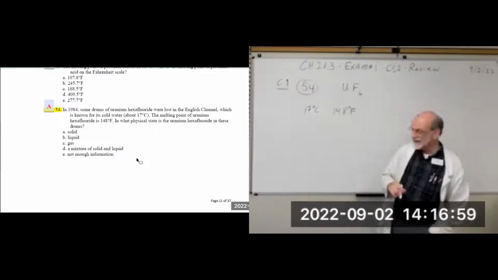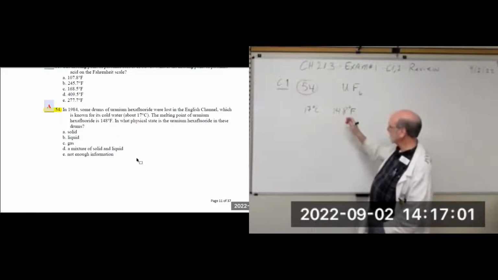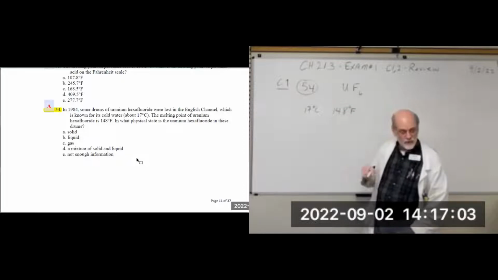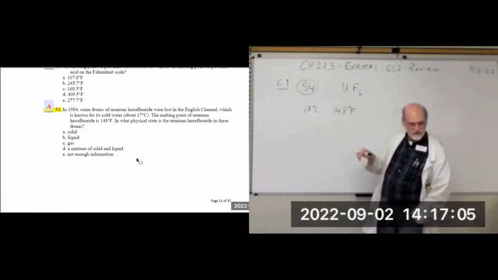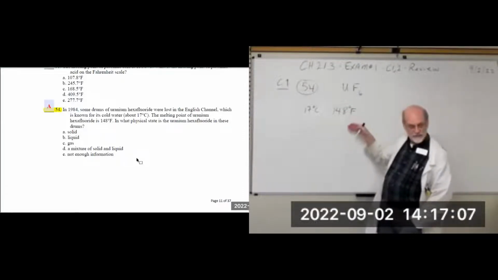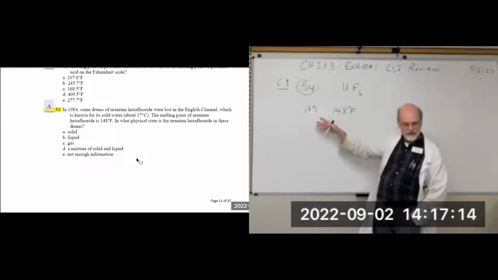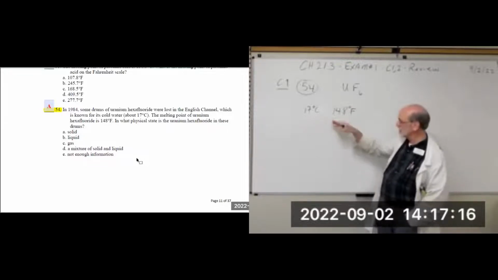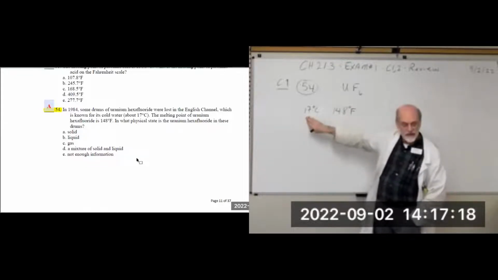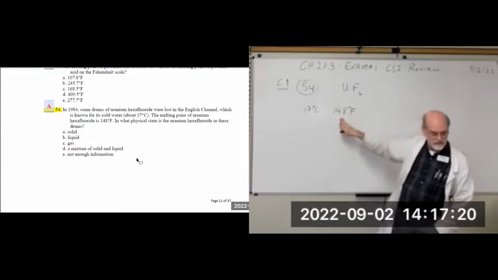So if this is the melting point, when is it solid and when is it liquid? If it's below that temperature, it's solid. If it's above that temperature, it's liquid. But we can't compare these two like that. So we've got to change this one into Fahrenheit or this one into Celsius.